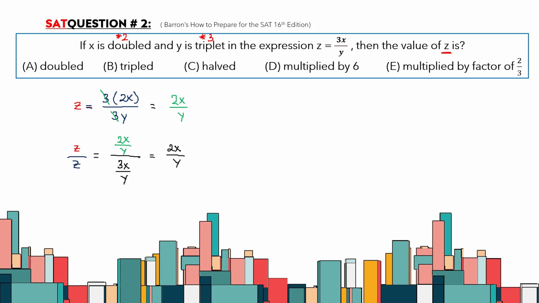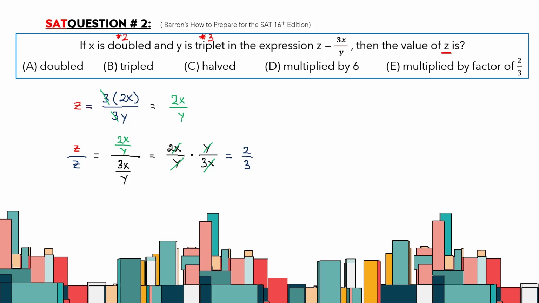When we divide fractions, we can multiply by the reciprocal, so y over 3x. Now we cancel out the x at the top and the bottom, the y at the top and the bottom, and it's left with 2 over 3.